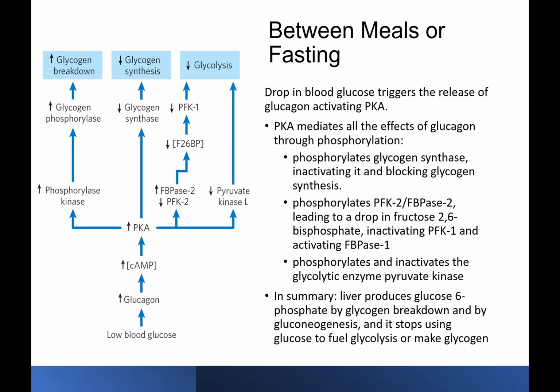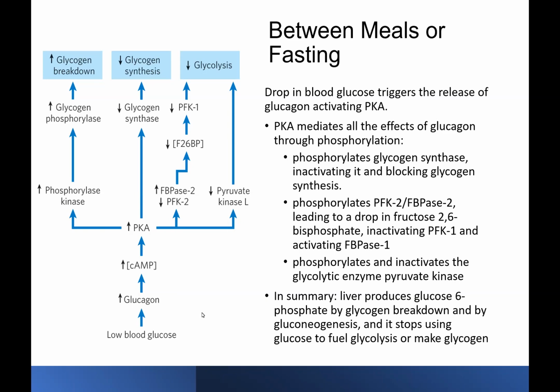We're not in the business of glycogen breakdown, for example. It's all very logical, even though there's a lot of different pathways and a lot of things going on. The overall picture is actually pretty straightforward.